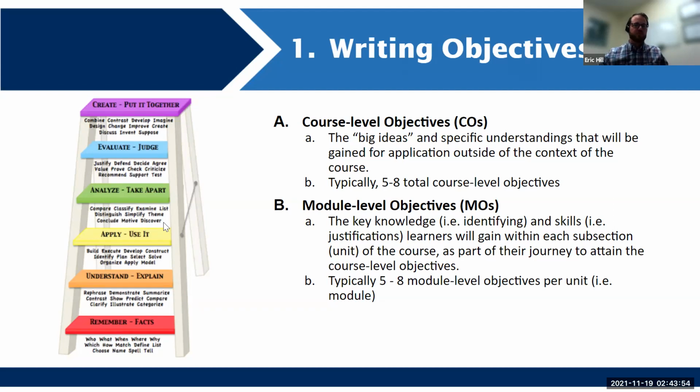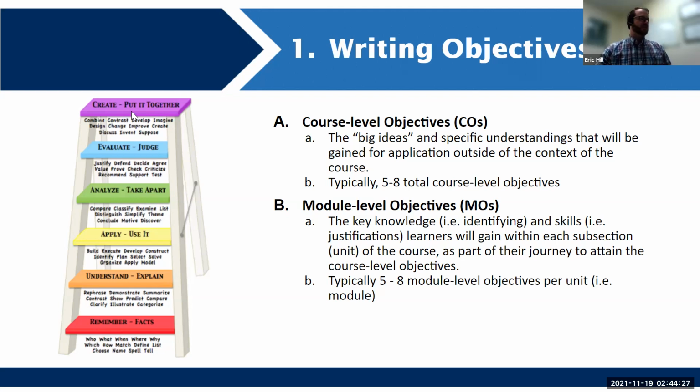You could make an argument that there probably should be at least a few mid to lower level Bloom's mixed in some course objectives, depending on whether it's a 100 level, 300 level course, for example, undergraduate versus graduate school. But applying their information, right? Things like construct, identify, or just demonstrating simple understanding like explaining, rephrase, or illustrate. Those types of verbs should be used when thinking about those course level objectives.